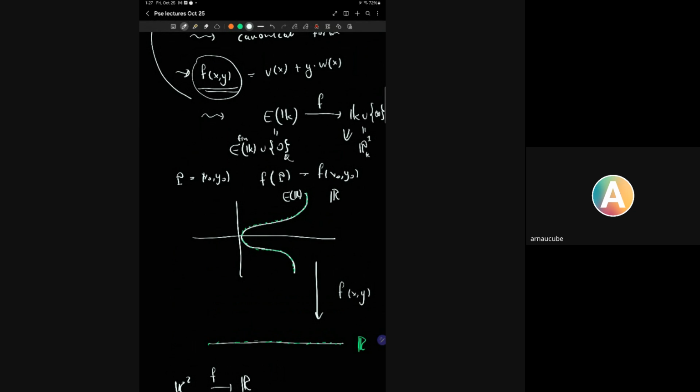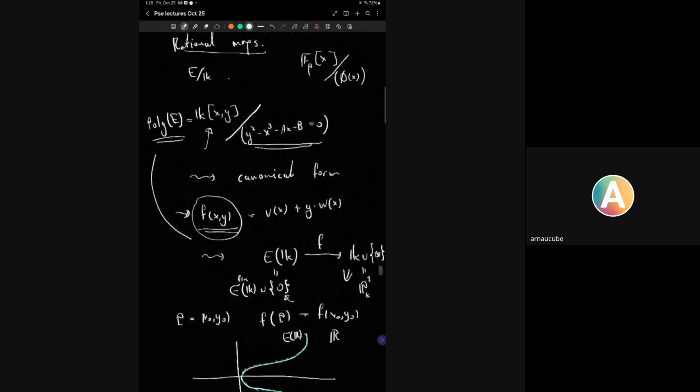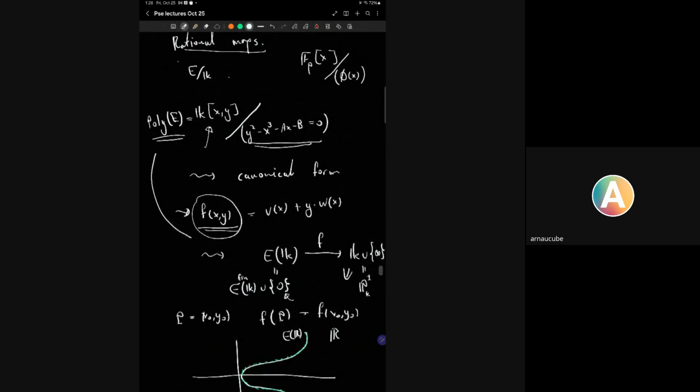So we might as well talk about quotients of polynomials. One motivation you can say: I have this guy, polynomials over E. What is it as an algebraic structure? It's a ring. A ring means that I don't have inverses to every element. I mean, some elements have inverses, but some elements do not have multiplicative inverses.